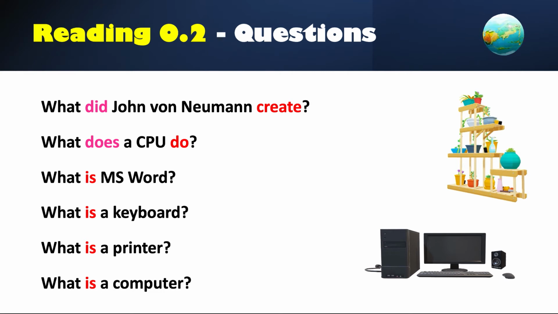For example, what did von Neumann create? John von Neumann created computer architecture. Very good. What does a CPU do? A CPU processes data. Okay, that's good.